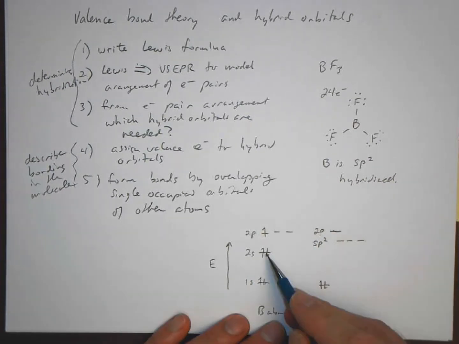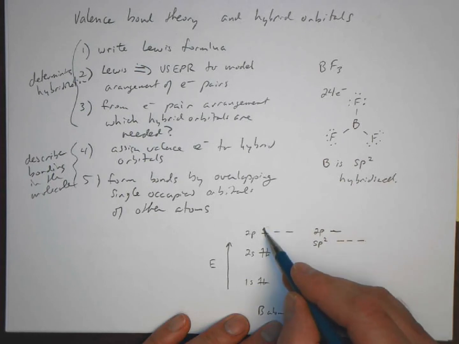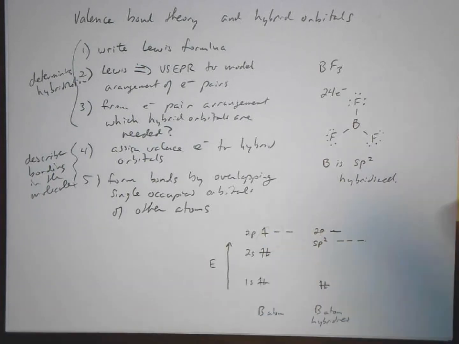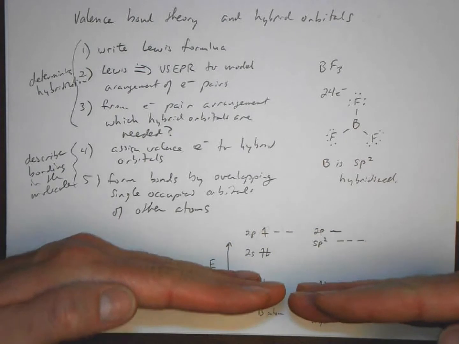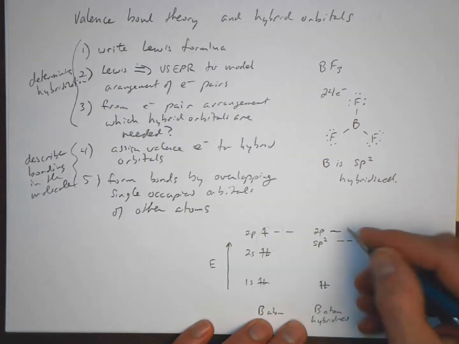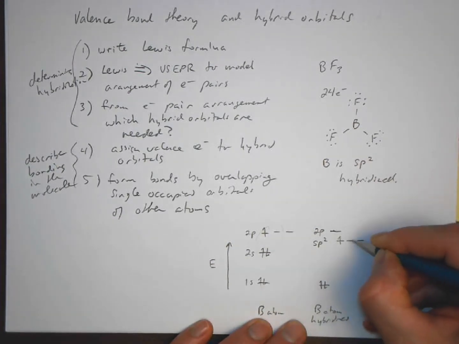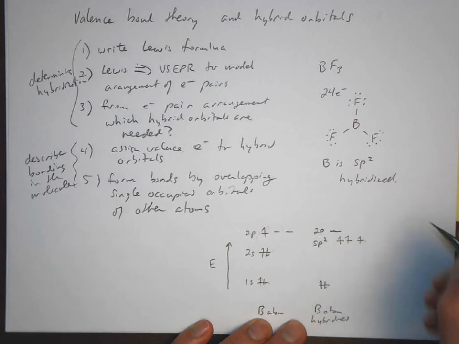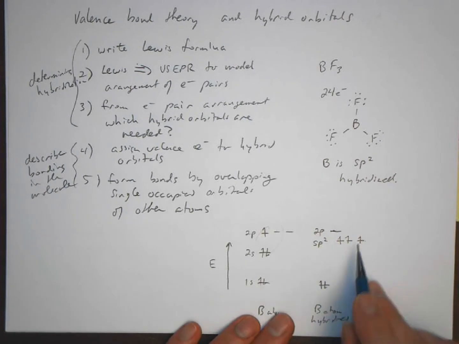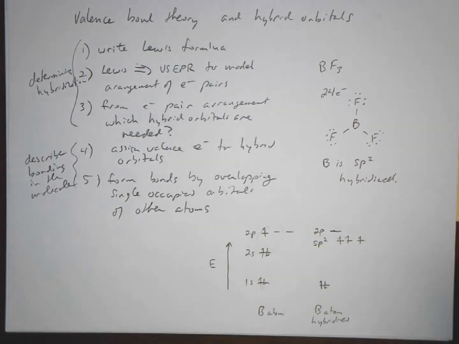Remember, we took these 3 orbitals and made them equal, and they meet each other in the middle with respect to energy. So our diagram would look like this for the boron atom, and now we have 3 equivalent orbitals.